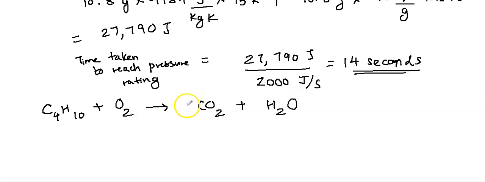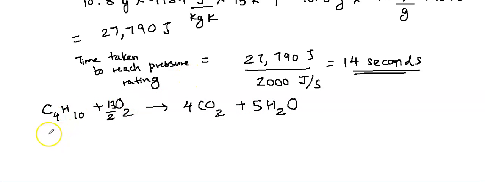So let's balance this first. 4 and okay, 5. 4 here, 10 hydrogens, 8 is 5, 13. Okay, this is correct. Yeah.